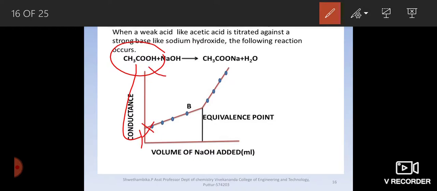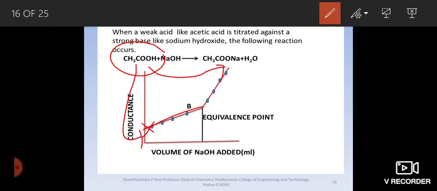Then on neutralization it forms sodium acetate, which is an electrolyte, and any electrolyte formation must increase the conductance. But since its ion size is very big, conductance increases very slowly. It increases, but it will be a slow increase.